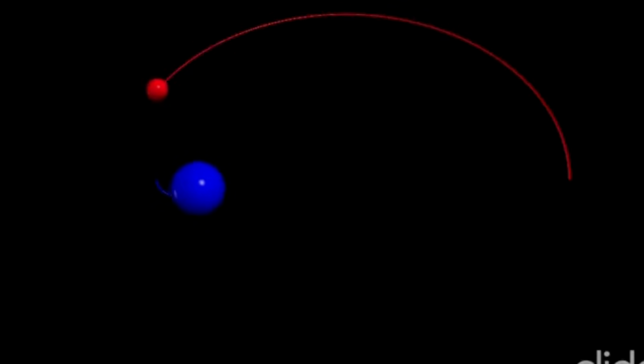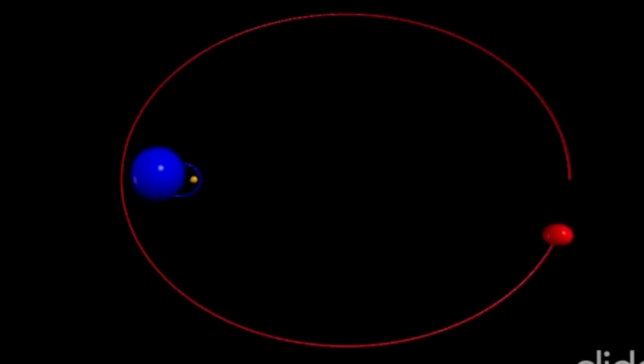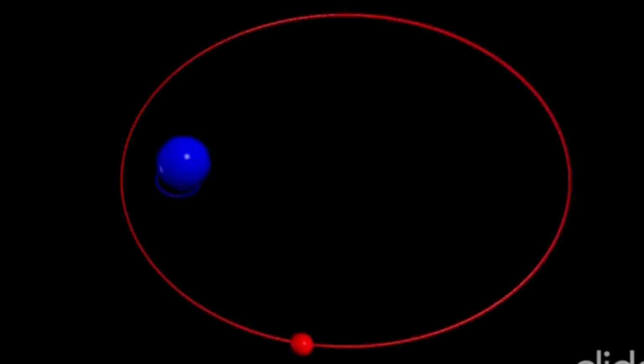Applying the concept of the center of mass to gravitationally interacting celestial bodies yields you the barycenter. This two-body system has a barycenter located near the blue body, which is 10 times more massive than the red one. Since the total momentum of the system is zero, the barycenter stays put and doesn't move.